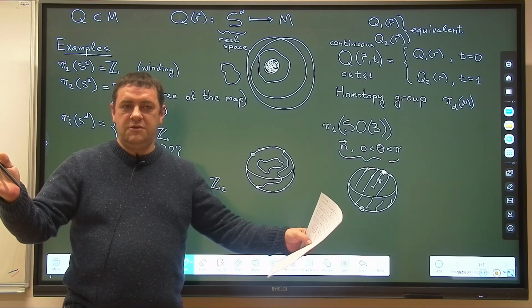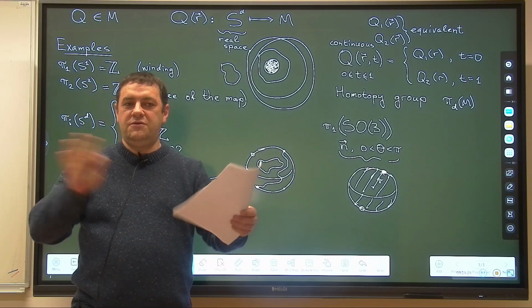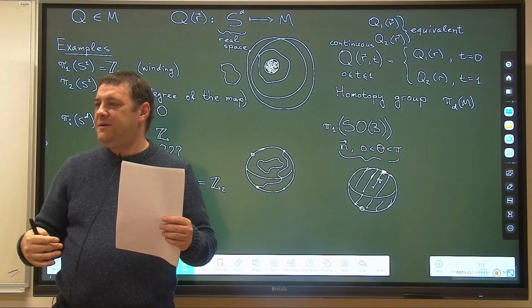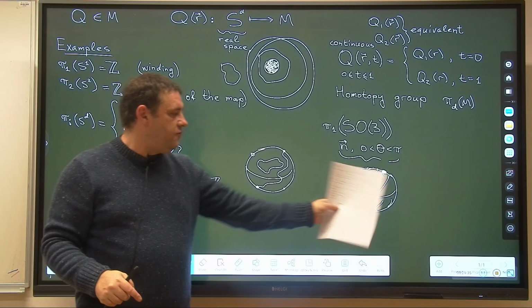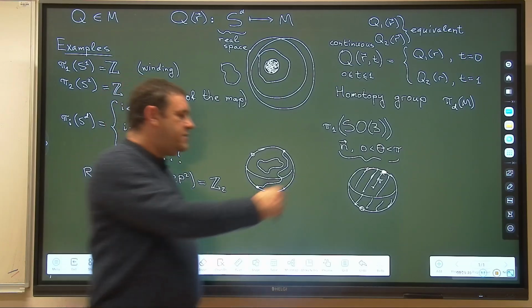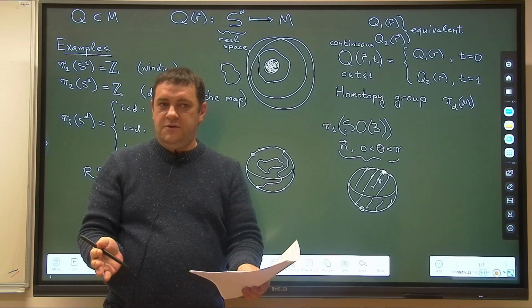It doesn't matter if you rotate by pi along this direction or that direction, you will end up in the same position. That's why all points inside the ball are different, but the opposite points only on the surface are equivalent.